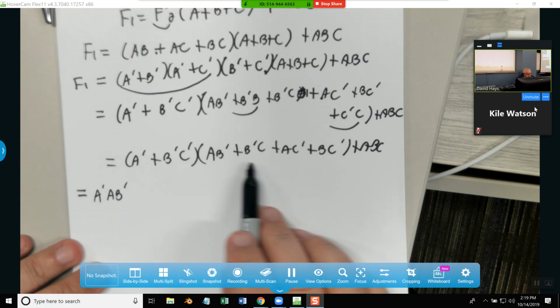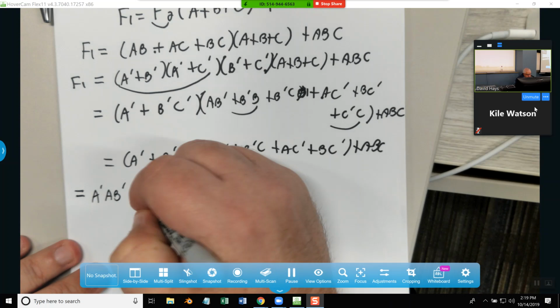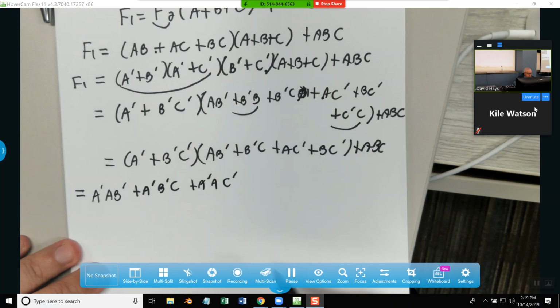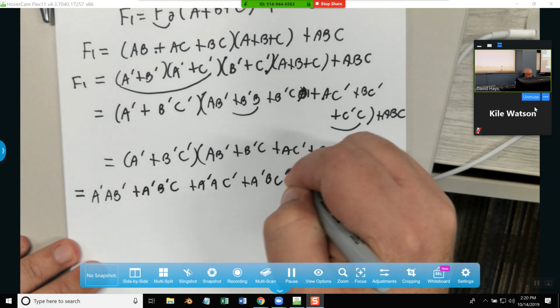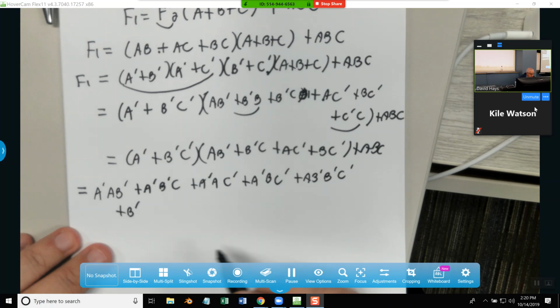B prime C prime times B prime C is B prime C prime and C. B prime C prime times A C prime is A B prime C prime C prime. B prime C prime times B C prime is B prime C prime C prime. Plus ABC.